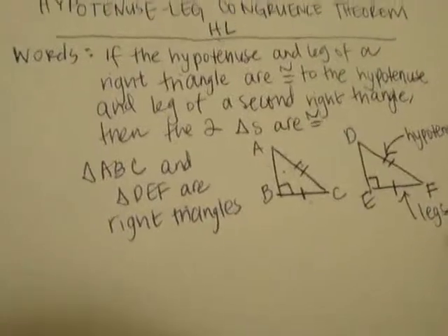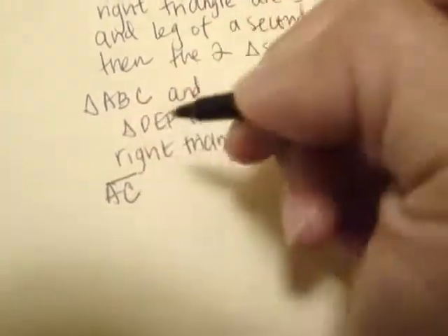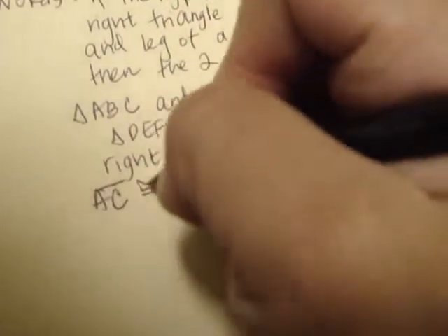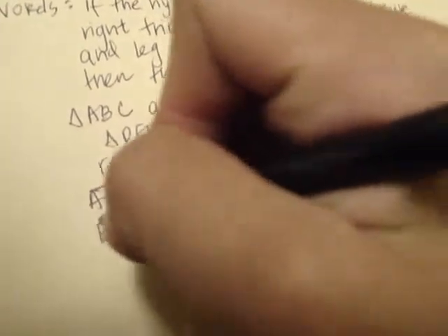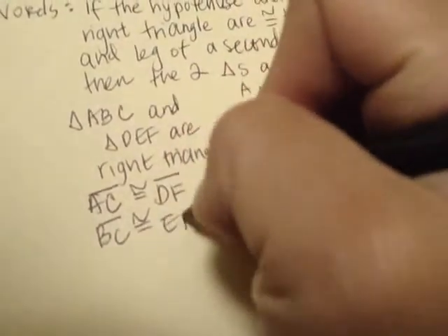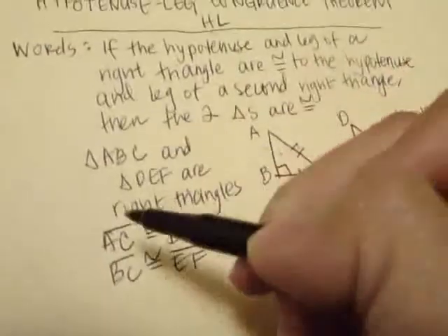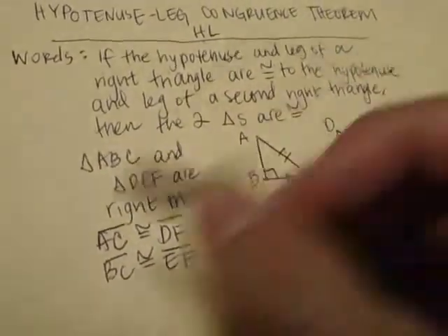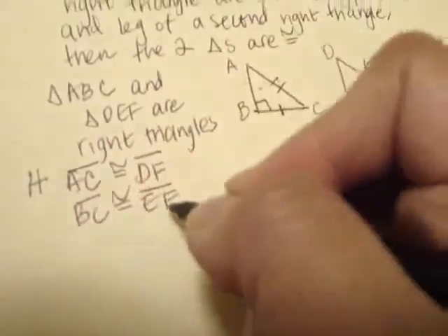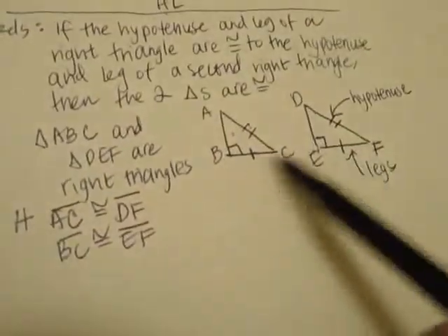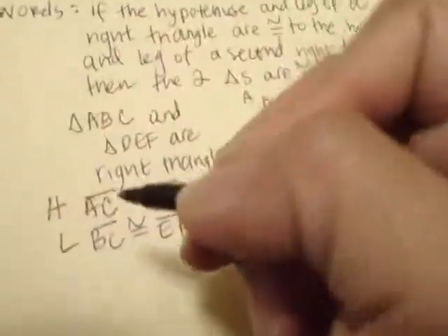So let's write this down. AC is congruent to DF, and BC is congruent to EF, and we know that AC and DF are the hypotenuses, and BC and EF are the other parts of the triangle, so the legs.